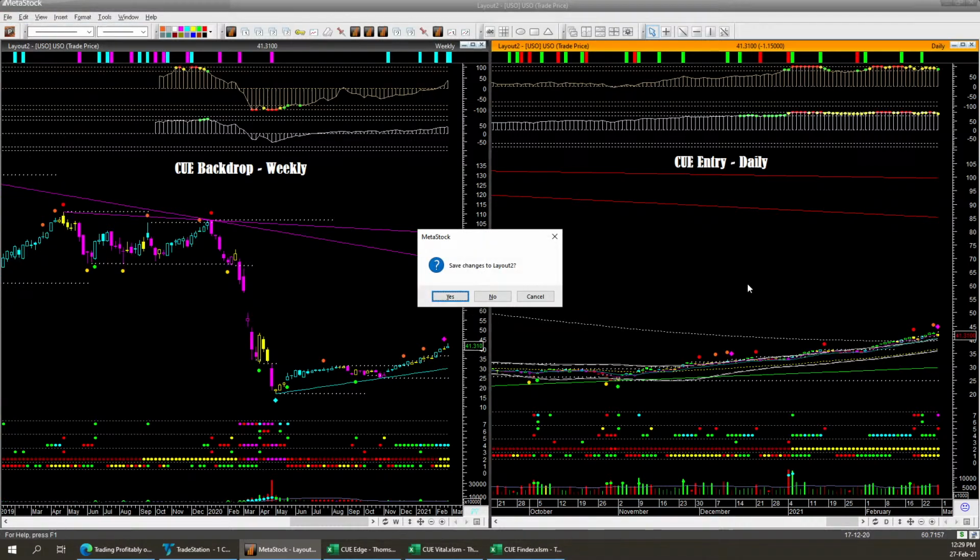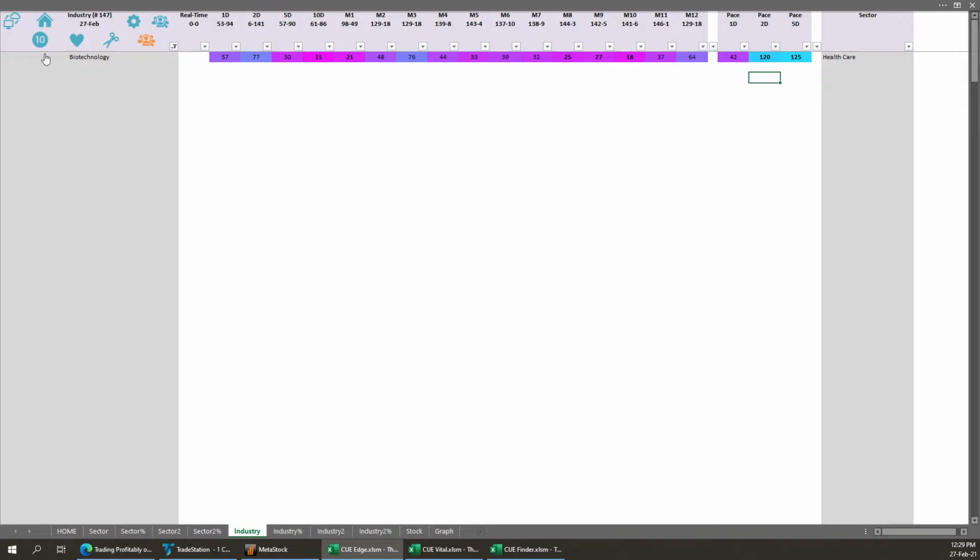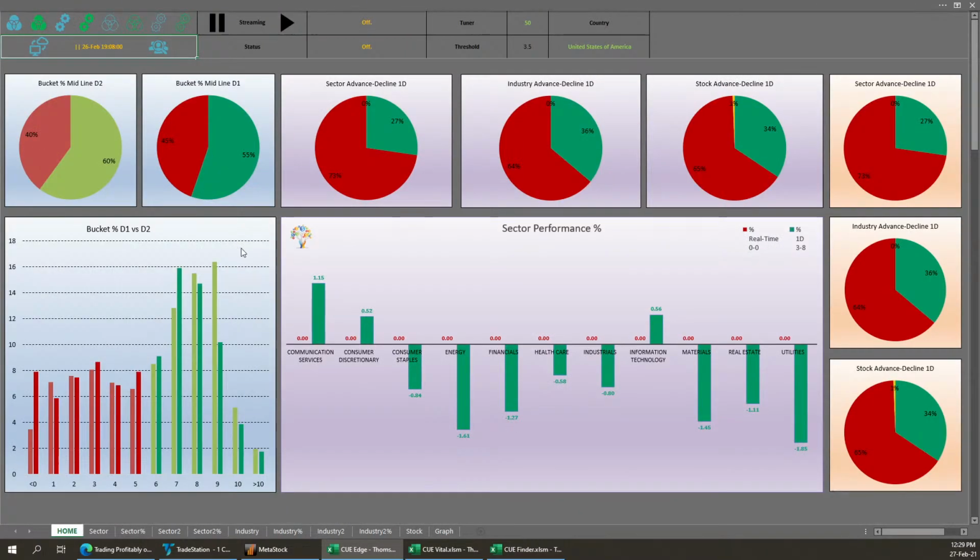Now when I did that, I also looked at Q Edge. The energy sector was one of the strongest lately, but see what happened on Friday. Energy sector was one of the weakest, not the weakest, utilities was.